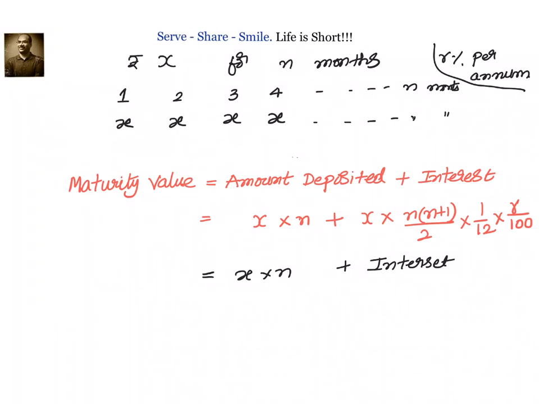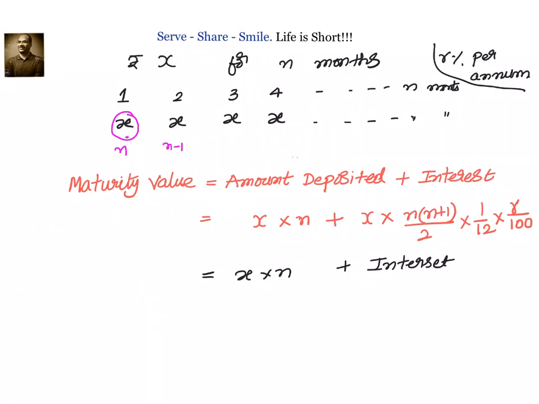We have to understand now how to calculate the interest. Let us say we consider the first month amount that we have deposited. For this we will get interest for n months. Let's go to the second month deposited amount, that is X. For that we will get interest for only n minus 1 months.